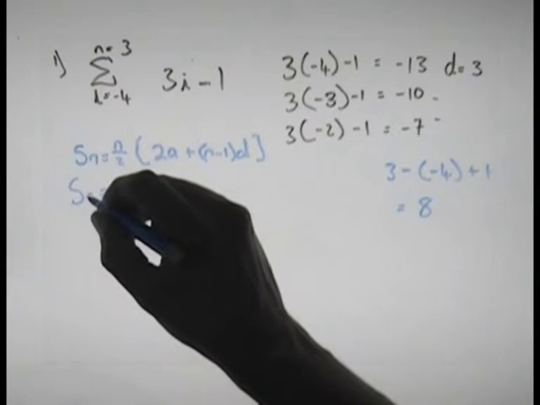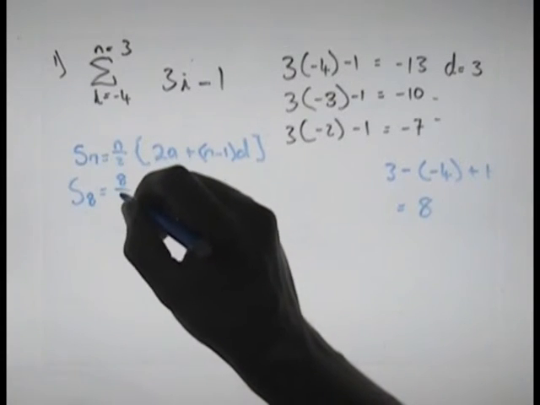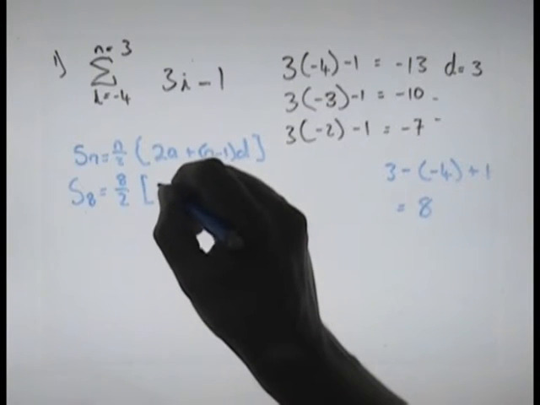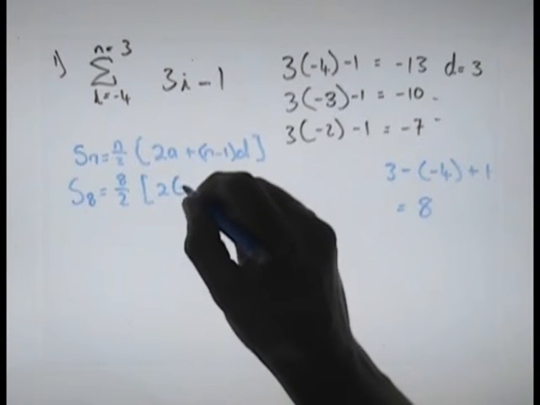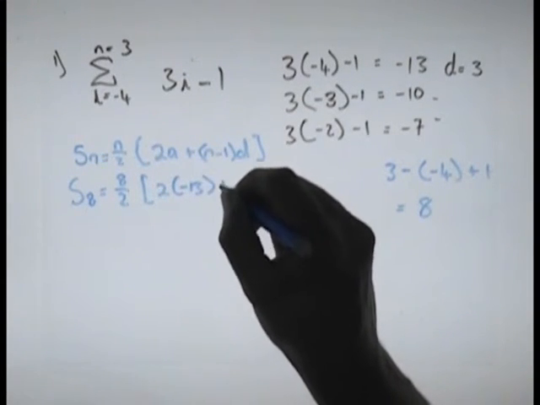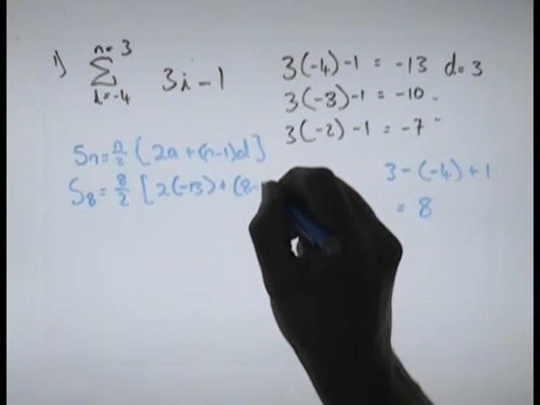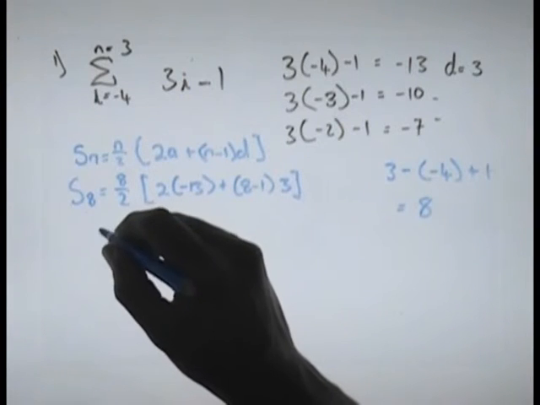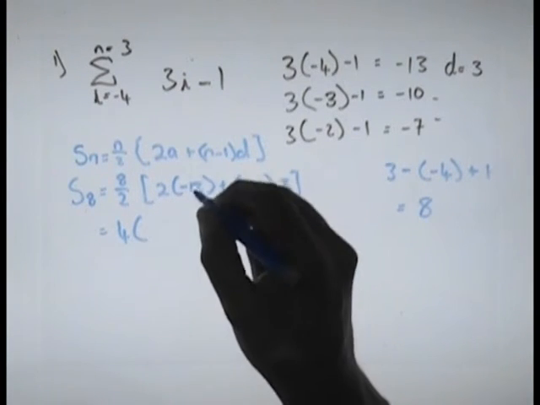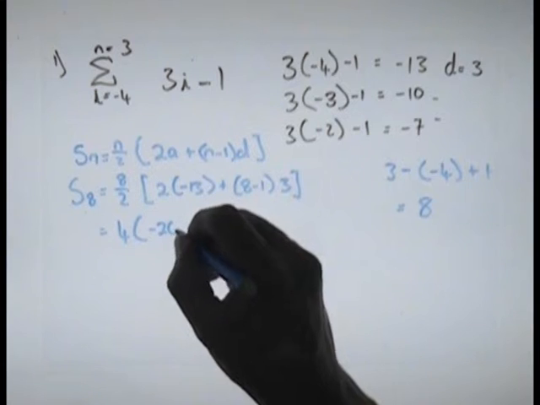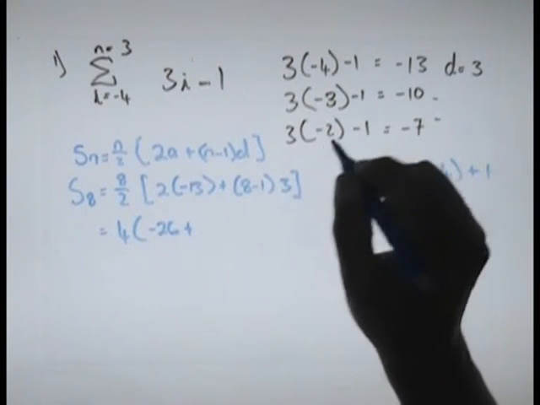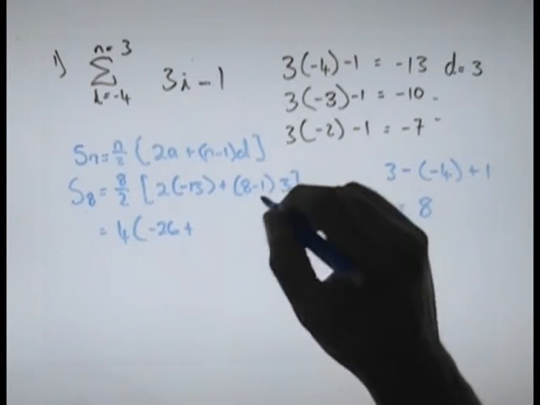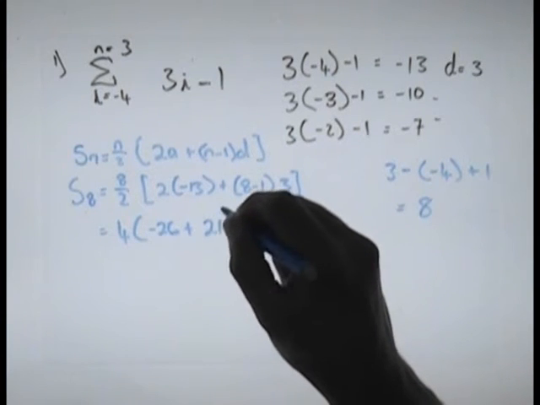That means we are looking for the sum of 8 terms, which will be 8 over 2 multiplied by 2a, our a value is negative 13, plus 8 minus 1 times our common difference of 3. That's going to equal 4 multiplied by negative 26 plus 8 minus 1 is 7. 7 times 3 is 21.